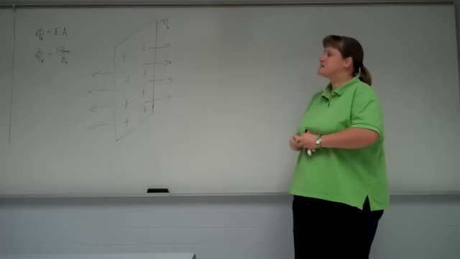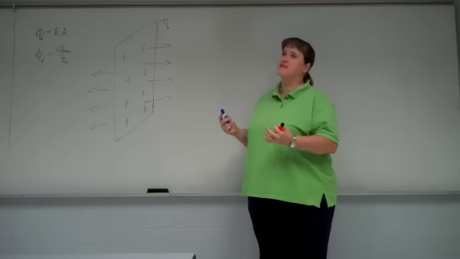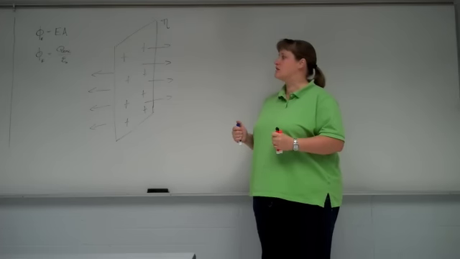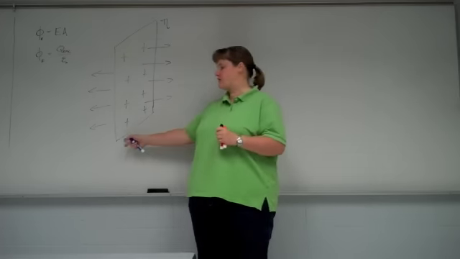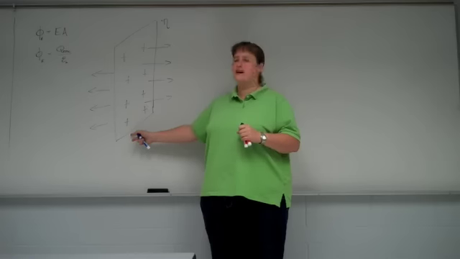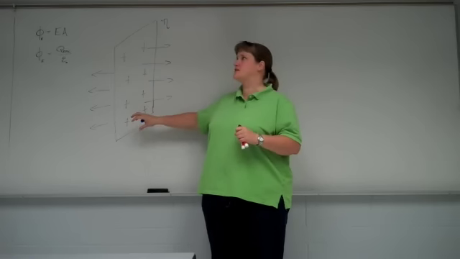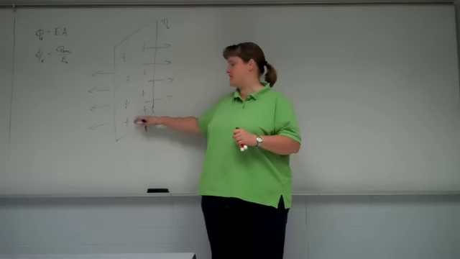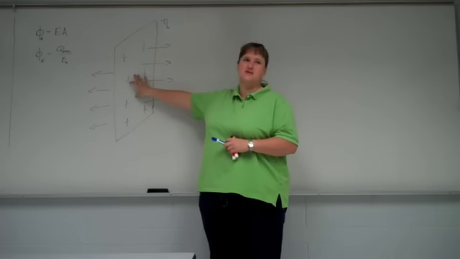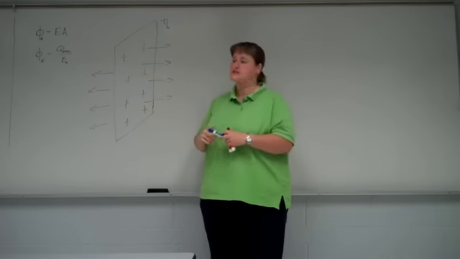Now, in terms of finding electric field from Gauss's law, it does not work well around sharp corners and sharp edges. So we would not be able to use it to find the electric field near the edges of this sheet. But it will work as long as we stay in the central region, where we're not near the edges.